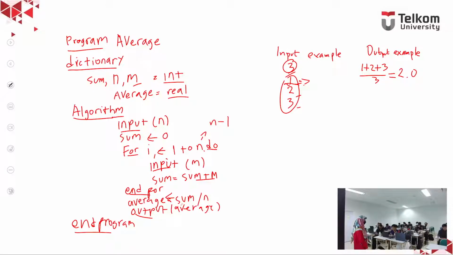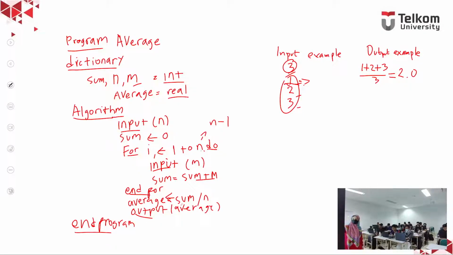So don't be confused. If you look at some examples, they use a counter starting at 0 and ending at n minus 1, because in informatics we usually count starting at 0, not 1. But it is also no problem if you start at 1. So I starts at 1 to N.